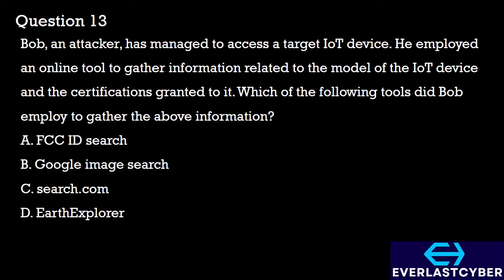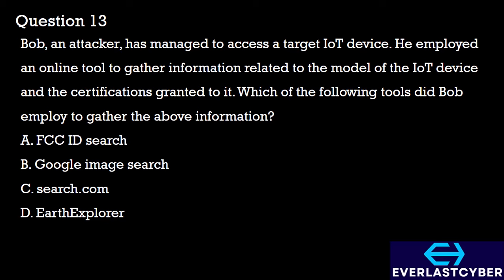In option B, Google image search is a search engine used to find images related to a specific query, but it wouldn't provide detailed certification or model information for IoT devices. Search.com is a general search engine that can return various types of results, but it is not specifically focused on gathering certification or device model details for IoT devices.